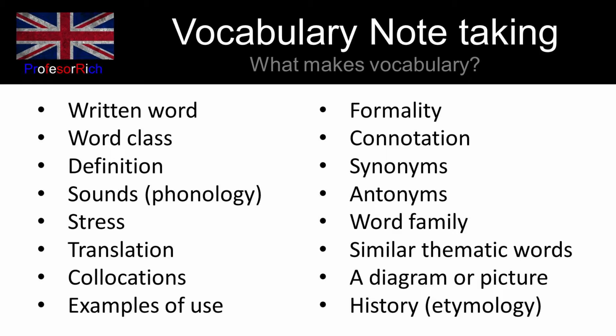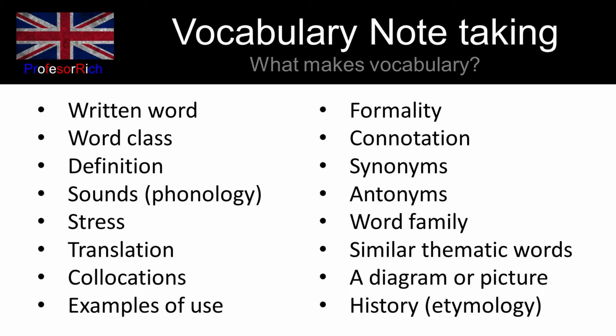Then we've got synonyms, which I think can be very useful to note down because they can help you sort of categorize the word and remember the meaning. Synonyms are other words with a very similar meaning, not the exact same meaning, but a very similar meaning.